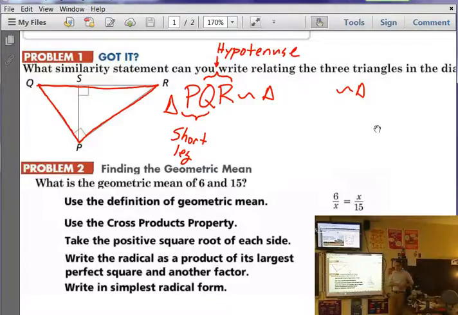So with how we set this up, I travel my short leg, and then I travel my hypotenuse. So who can give me a next triangle to go in here?